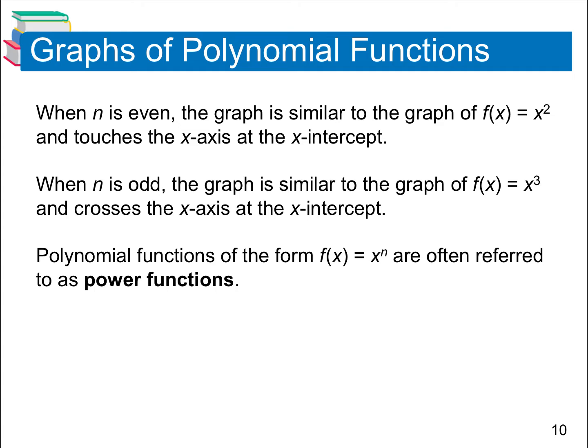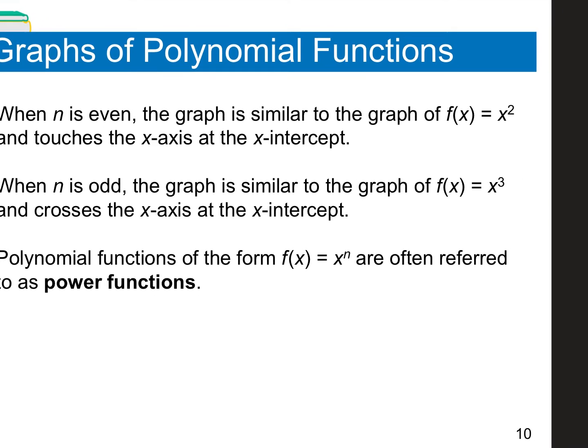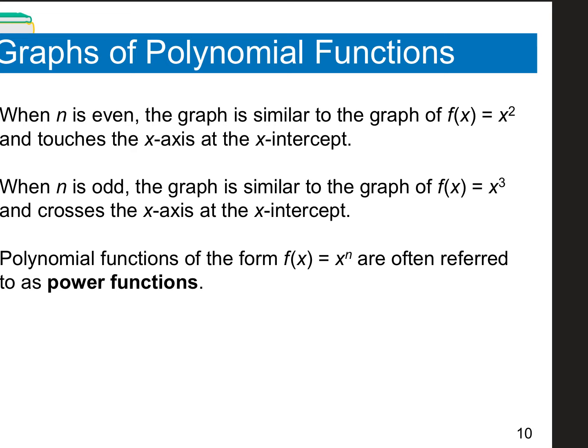So when n is even, the graph is similar to the graph of an x squared graph. So it's going to look like this kind of. It'll have a parabola type of shape. Even x to the 4th power will still have a parabola type of shape. It'll do something a little bit more in the middle, but it'll have this type of shape. So it's similar to the graph of x squared.